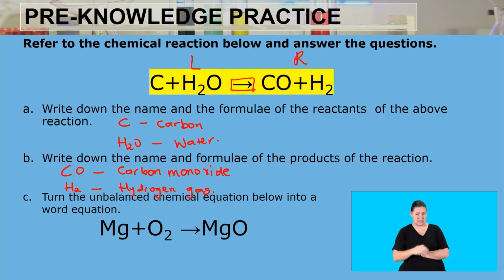Then question C. We need to turn the unbalanced chemical equation below into a word equation. So we need to write this chemical formula in terms of a word equation.